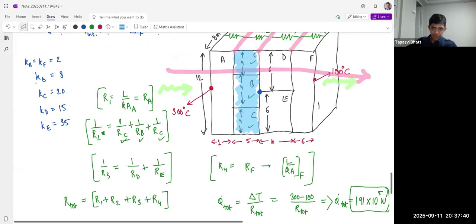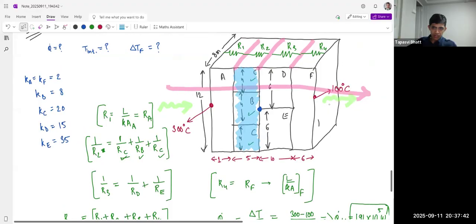D and F, there is some contact resistance here, and E and F, this one as well, some resistance here as well. This is 0.00012 meter square.